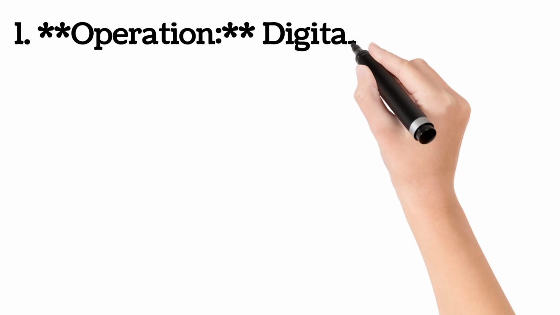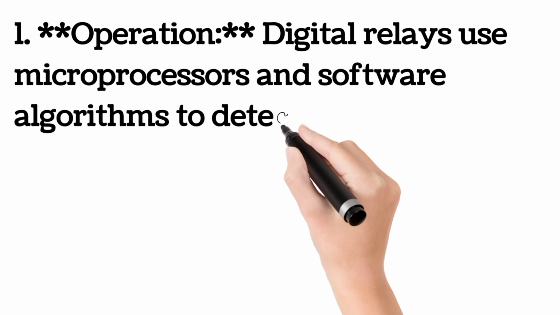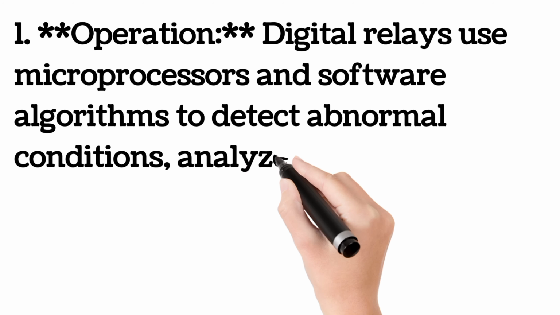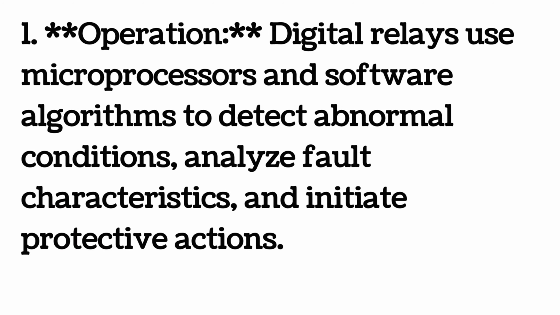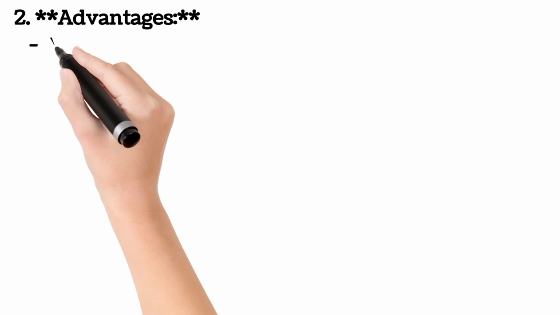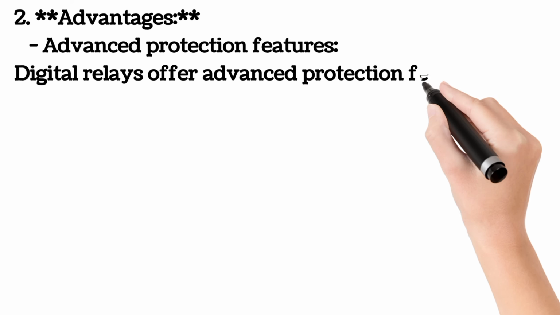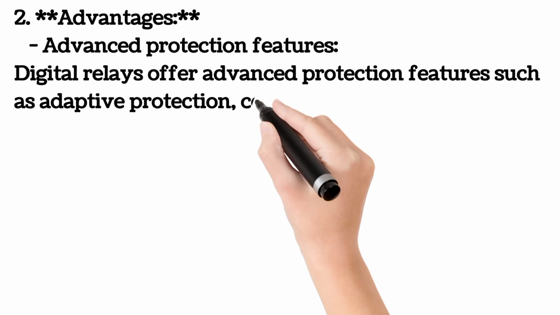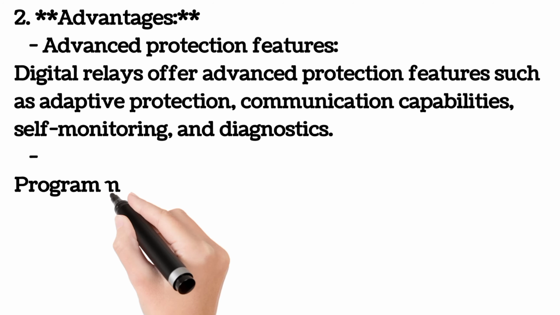1. Operation. Digital relays use microprocessors and software algorithms to detect abnormal conditions, analyze fault characteristics, and initiate protective actions. 2. Advantages. Advanced protection features. Digital relays offer advanced protection features such as adaptive protection, communication capabilities, self-monitoring, and diagnostics.